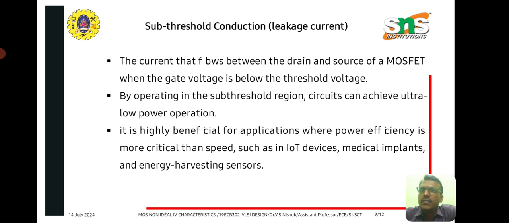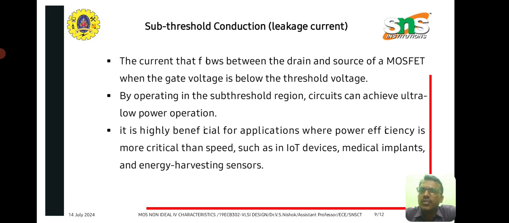Here the subthreshold conduction is otherwise called the cutoff region. The current we have seen in the ideal condition in the cutoff region is 0; IDS is always 0. But here we are mentioning that there will be some leakage current, and because of that leakage current there will be some current flow.